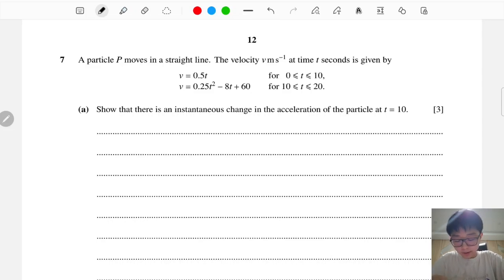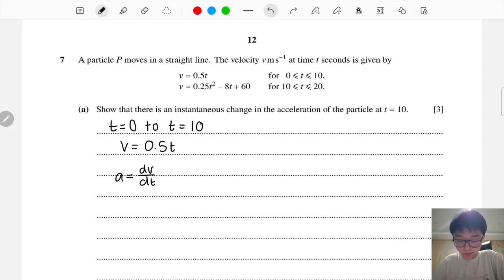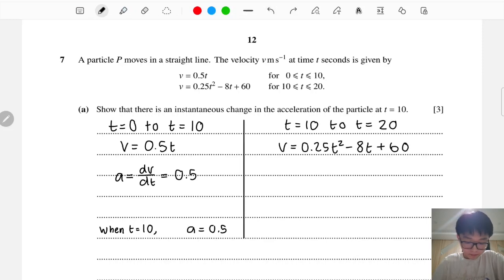And we know that acceleration is dv over dt, right? So using the first equation, differentiating 0.5t will just give us 0.5. And when t equals 10, a is still 0.5. Okay, now using the second equation from t equals 10 to t equals 20, differentiating the expression to get us the acceleration will give us 0.50t minus 8.